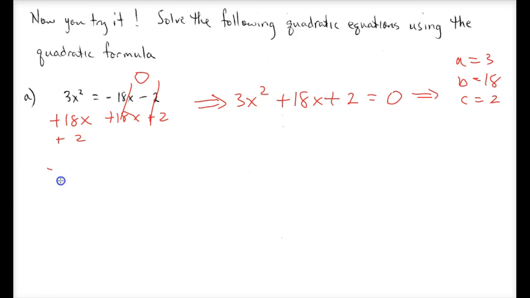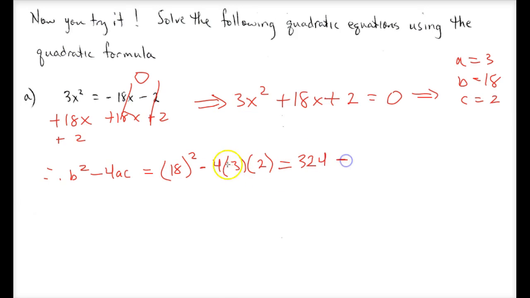From there, we can go ahead and calculate our discriminant right quick to see what type of solutions we're going to have. So we have 18 squared minus 4 times A times C. 18 squared is 324, minus 4 times 3 is 12, 12 times 2 is 24. So we end up with 300 here.